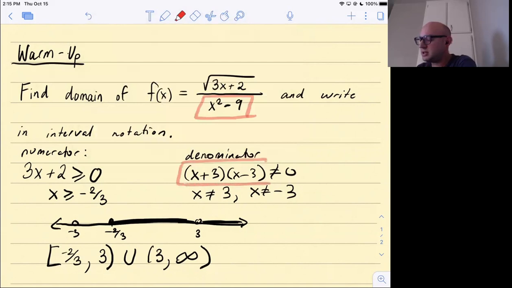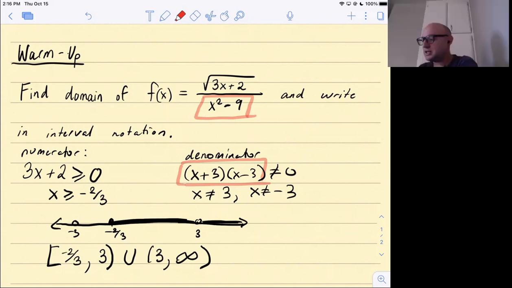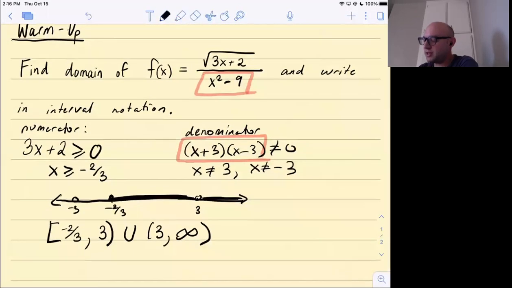Does anyone remember what this is called? This is a special factorization. Anyone want to just say what it is? Perfect square. It's related to perfect square. It's a difference of squares, difference of perfect squares. So if you ever have this, it's something that you might have seen.